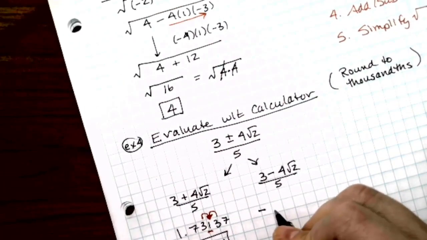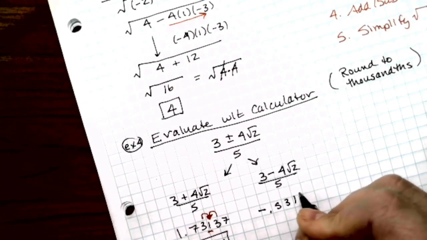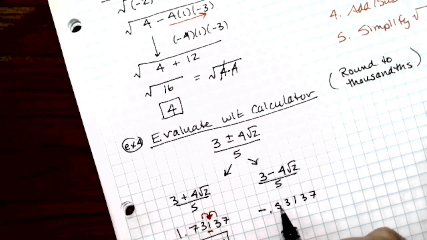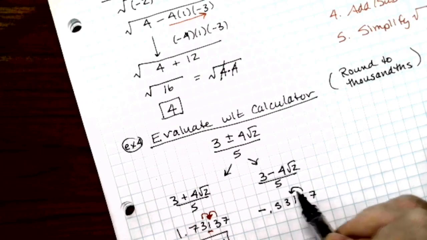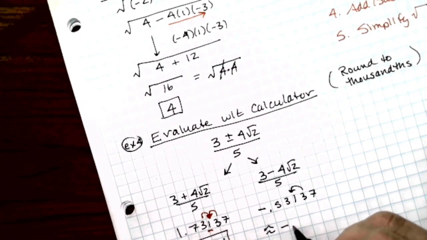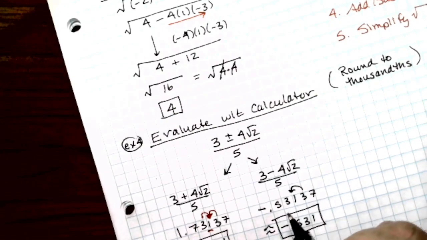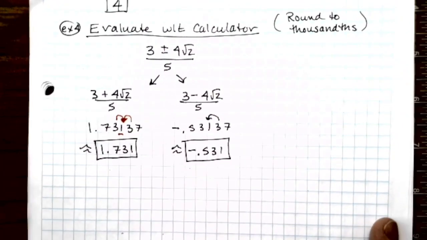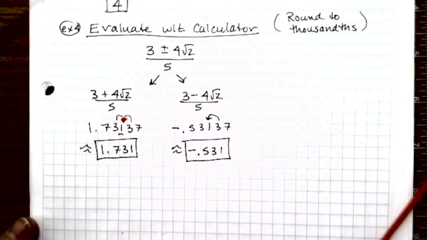And you get negative 0.53137. Tenths, hundredths, thousandths. The 3 rounds the 1 to stay a 1, and it rounds to negative 0.531. So you need to play around with your calculator until you can get the right answer, and then try to use the same calculator on all of your assignments.